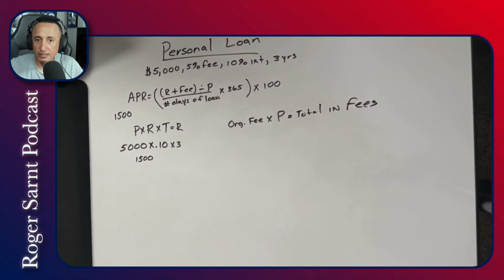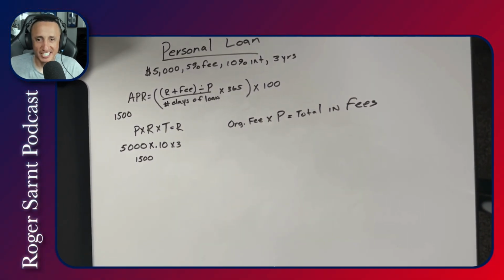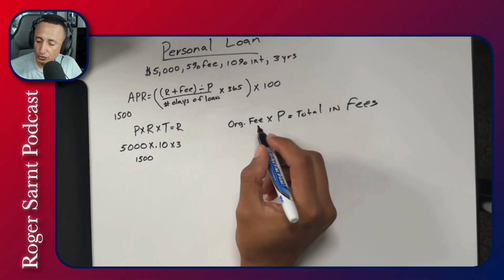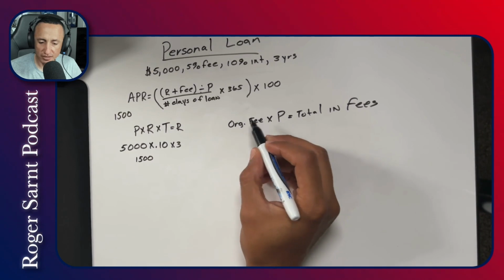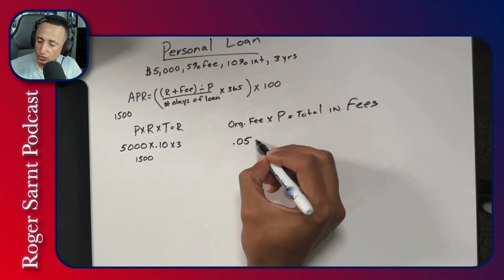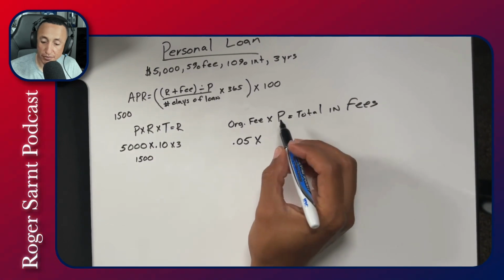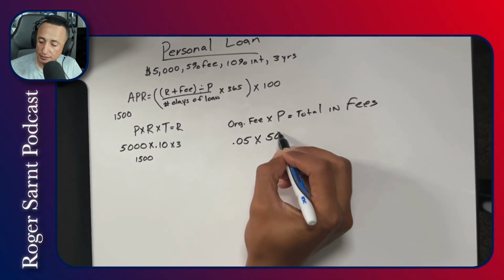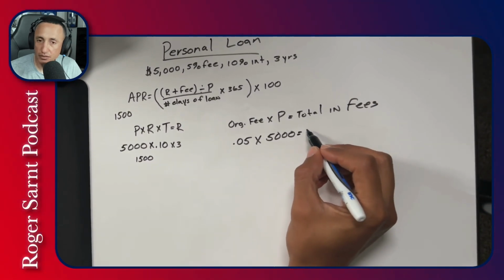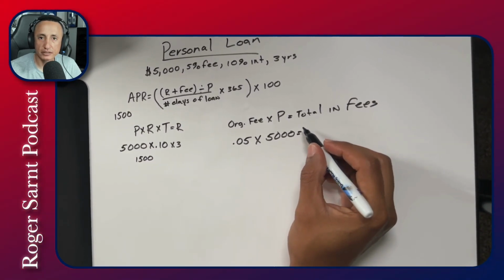I have to keep looking at the screen to make sure that I'm doing it right. It seems like I'm going in an airplane. All right. So the origination fee is going to be 5%. So we're going to write that in a decimal format. And the principal is 5,000. And that's going to give me, somebody go ahead and do that calculation real fast.